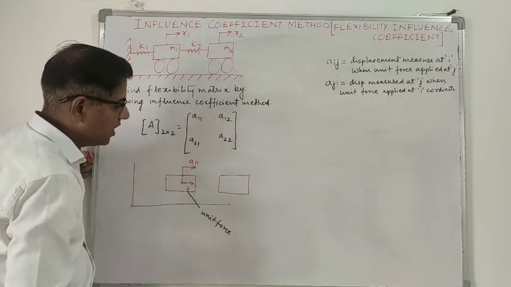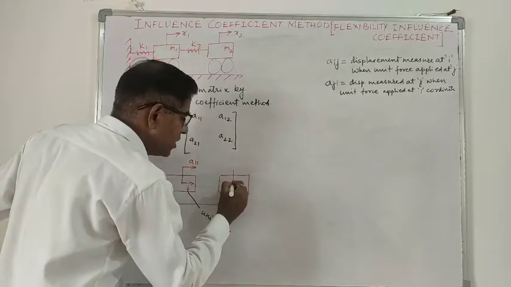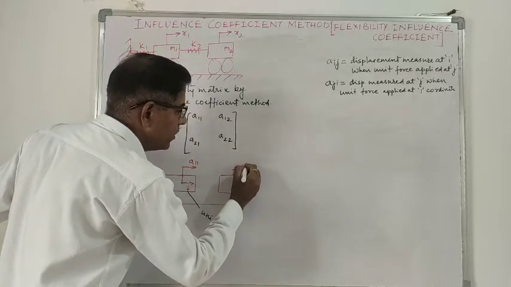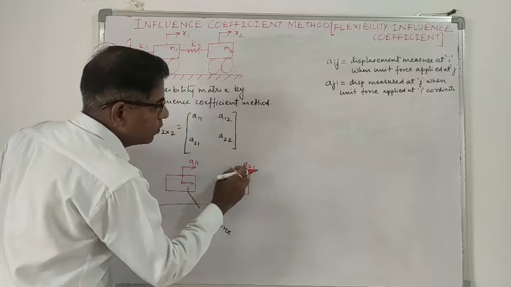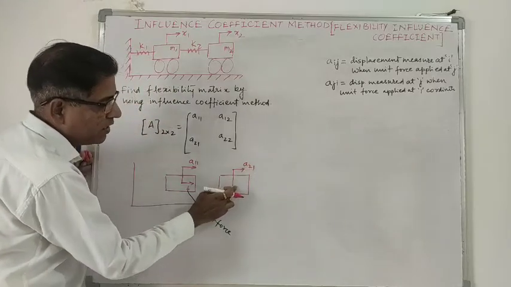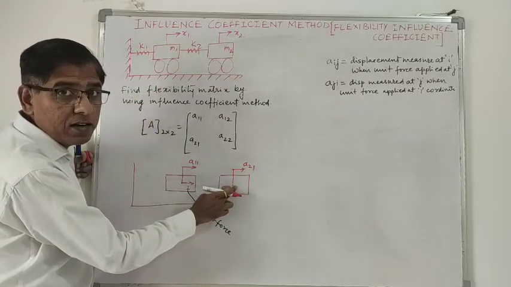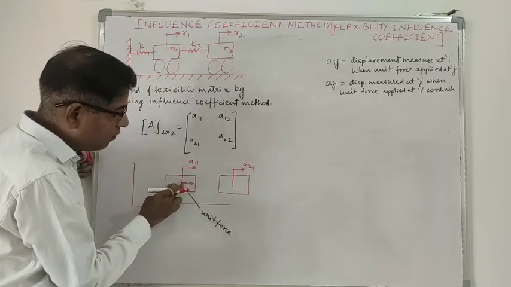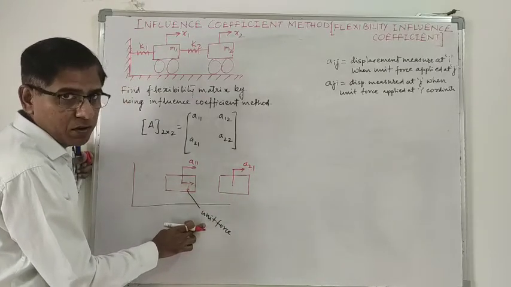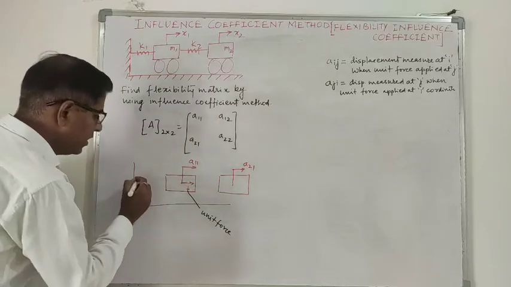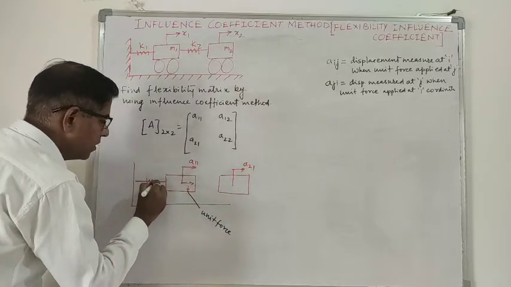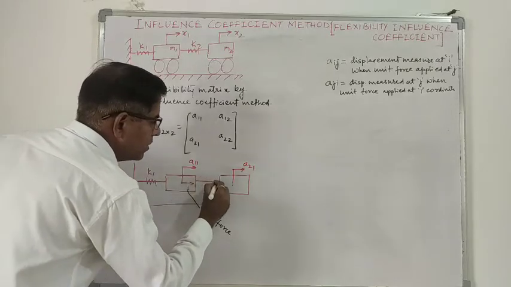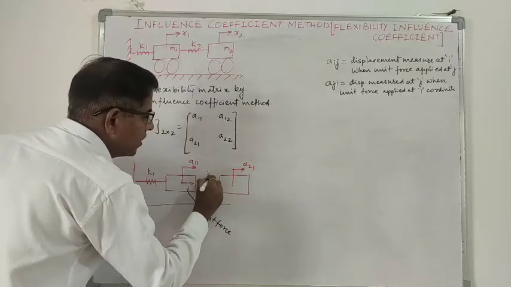So this becomes A11. Similarly, the displacement at the second mass will be A21. So A2 means we are measuring the displacement at second mass, and we are applying the unit force at first mass. And this is K1 and this is K2.